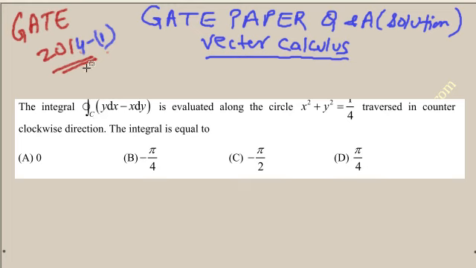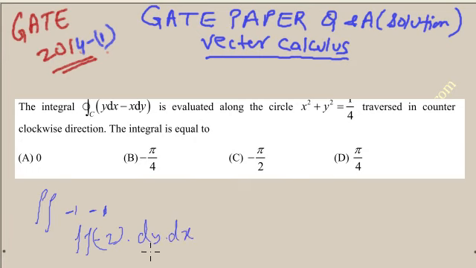This is another question from GATE 14. This is basically Green's theorem. If you know Green's theorem, this is equal to the double integration of the derivative with respect to x minus the derivative of this with respect to y, so minus 1, so minus 2 into dy dx.